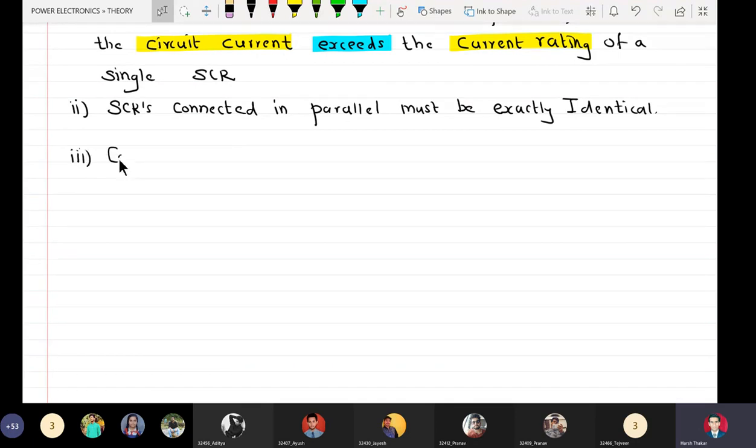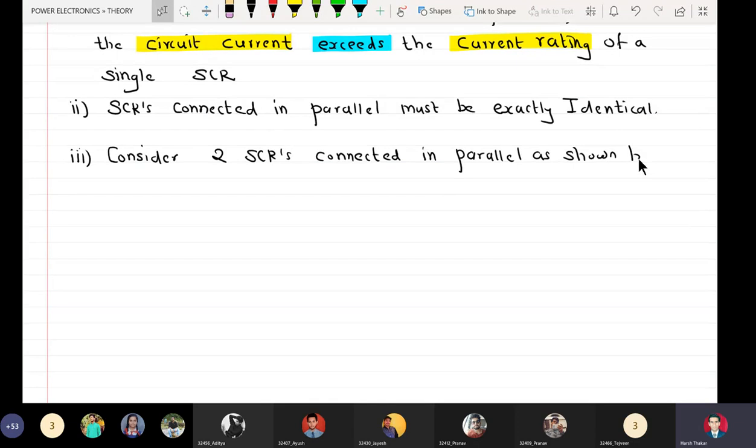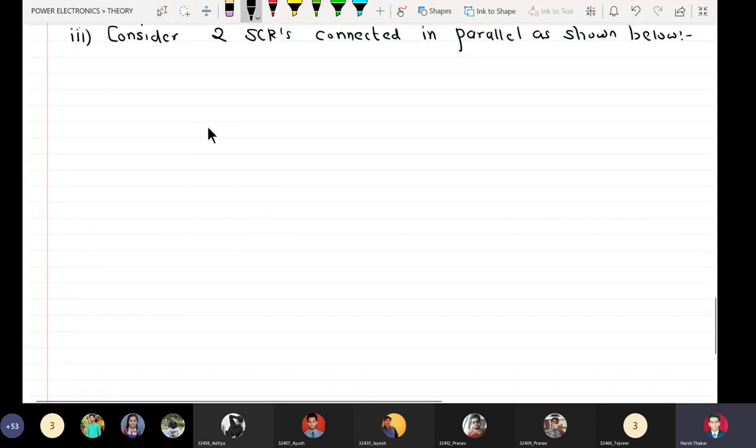Consider two SCRs connected in parallel as shown below. So we have the first SCR T1 and we have the second SCR T2.